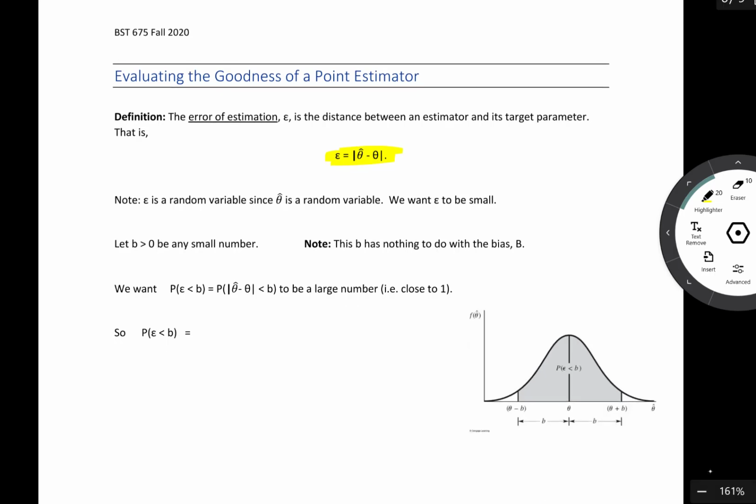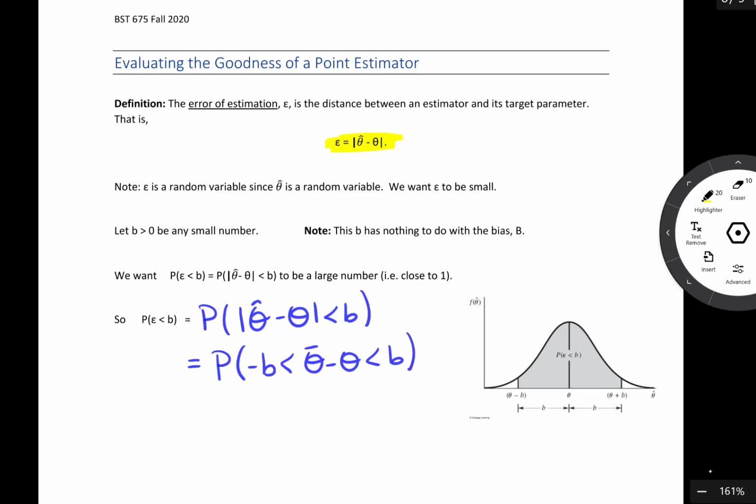So the probability that epsilon is less than b is equal to the probability that the absolute value of theta hat minus theta is less than b, which is equal to the probability that theta hat minus theta is between negative b and b.